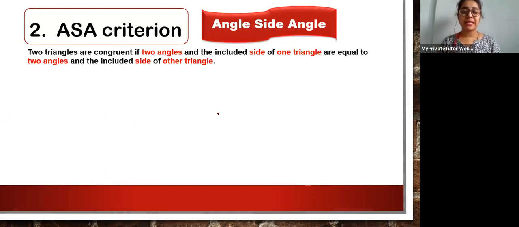Like in the previous case, where the angle should be between the sides, in this the side should be in between the angles. Getting it?